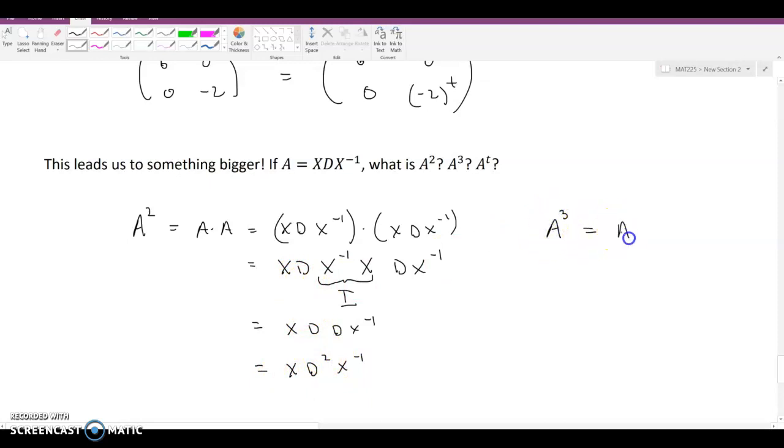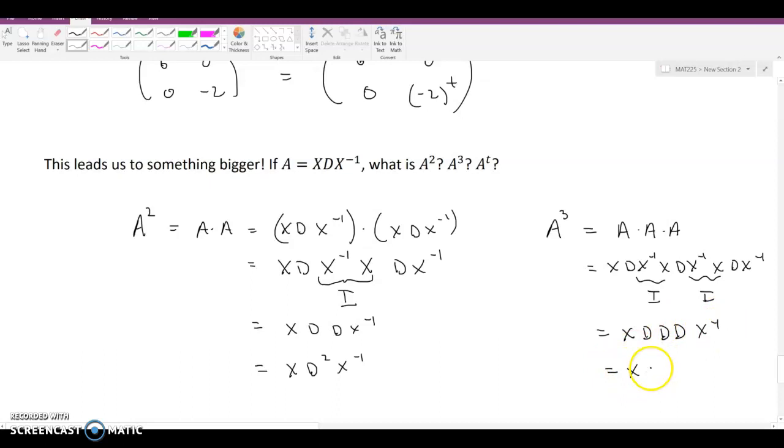This is A times A times A, which will be X D X inverse times X D X inverse times X D X inverse. Here I'll have the identity. Here I'll have the identity. That will give me X times D times D times D times X inverse. D times D times D is D cubed, times X inverse.